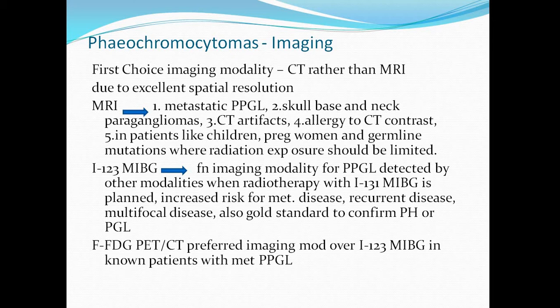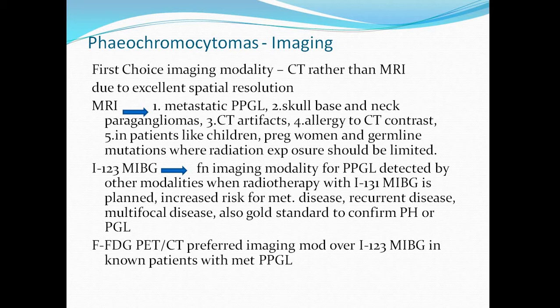That's when you have a PPGL with metastases, skull base and neck paragangliomas, artifacts, especially in people who have surgical clips, which could produce artifacts on the CT. And obviously if you have a CT contrast allergy, and also in people who should have less radiation exposure, like children, pregnant women, and also in people with germline mutations.